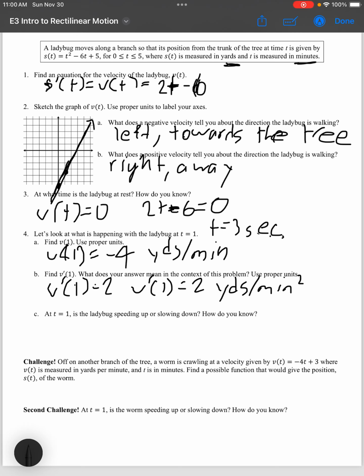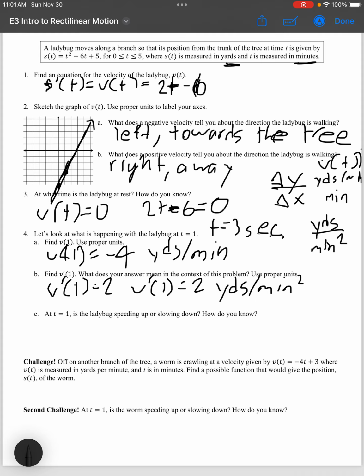If you're thinking about it as a change in y over change in x, and this is about the velocity function, the units on top are yards per minute, and the units on bottom, the x, would still be minutes, so you have yards per minute squared. So v prime of 1 is equal to 2 yards per minute squared.